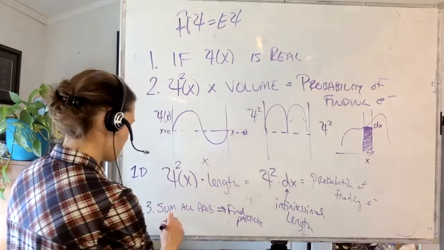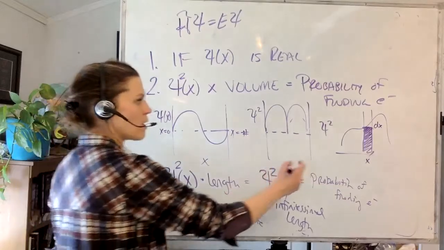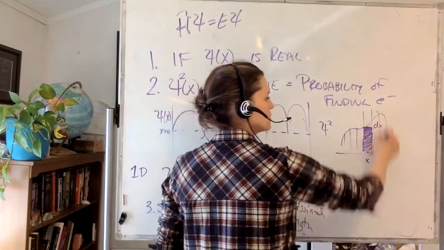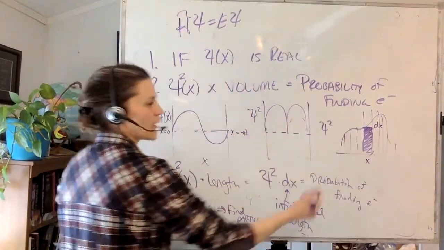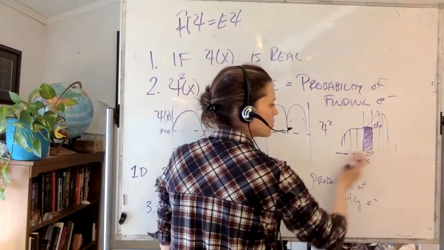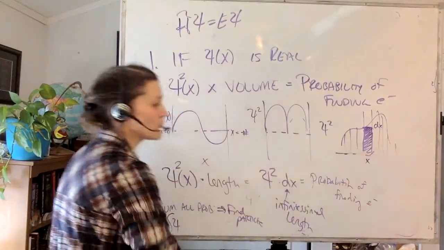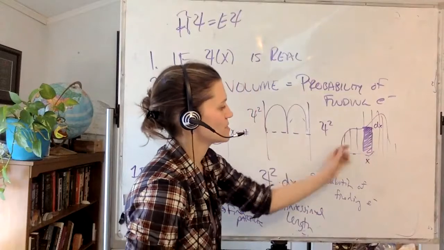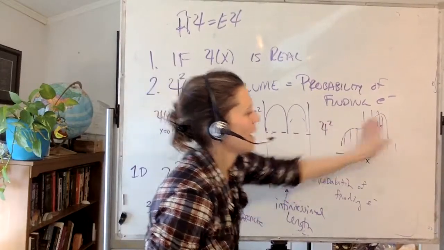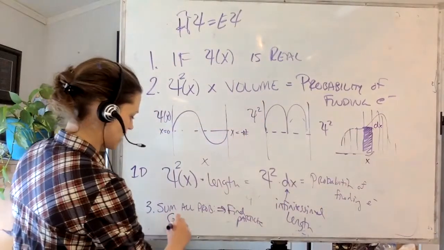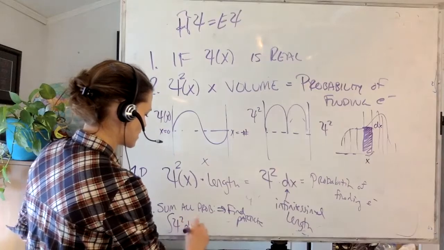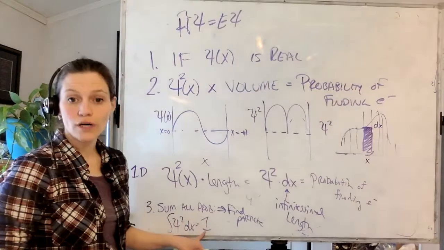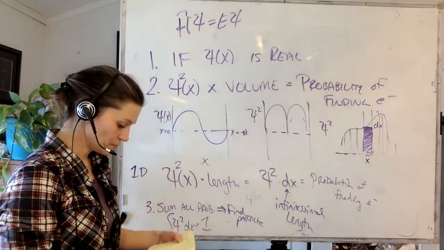If I add up all of these slices, this is a Riemann sum, adding up all of the psi squared times dx, then I'm taking the integral of psi squared dx, and that's going to equal 1, because that means 100% that I'm going to find the particle.